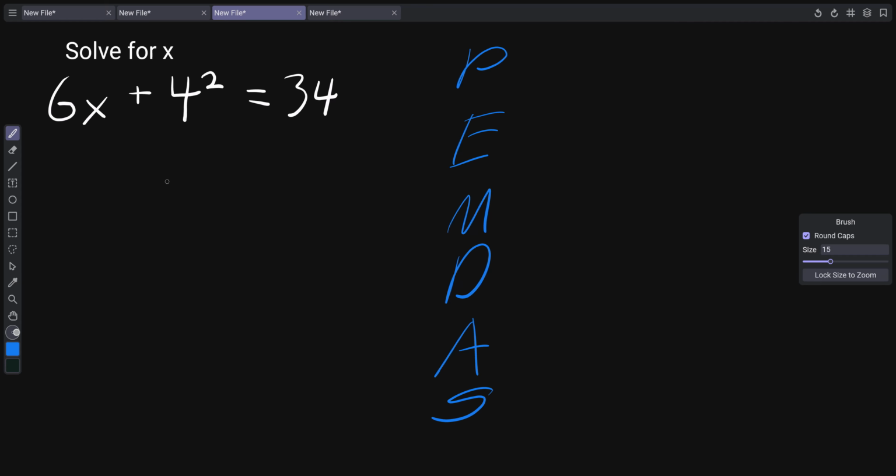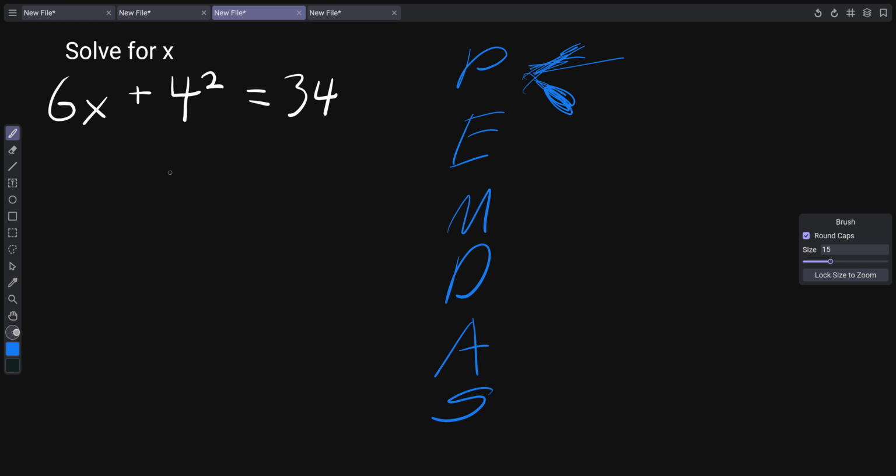And you could actually subtract 4 squared on both sides, but it might be better to simplify 4 squared first. And because we're simplifying 4 squared, we are working on the same side of the equal sign, so it's permissible for us to go in the normal order of operations. So we would start with what's in the parentheses.